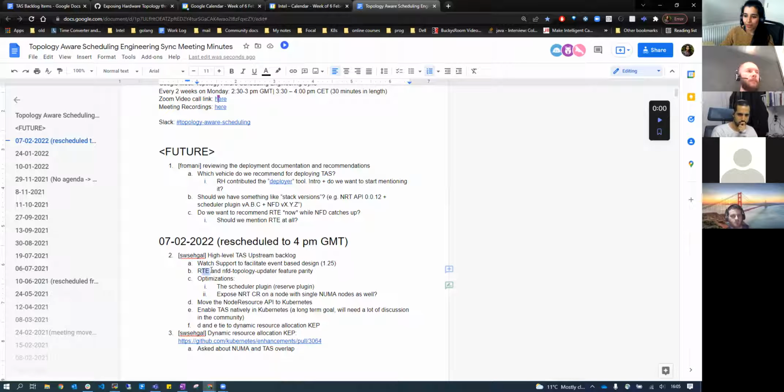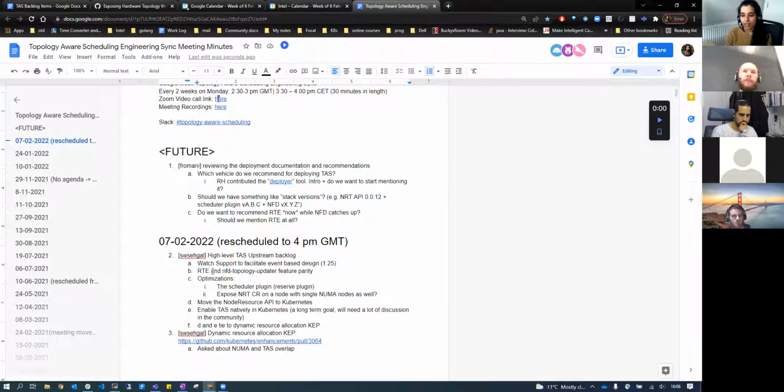The other one I was thinking about was resource topology exporter and NFD topology updater. I think you have a few items here, but what I was thinking was that resource topology exporter has a few capabilities, for example the smart polling.